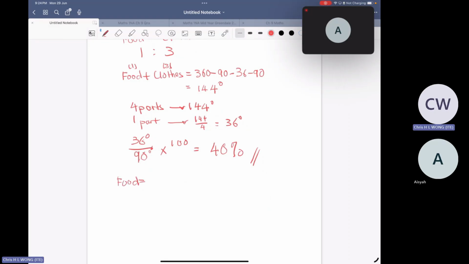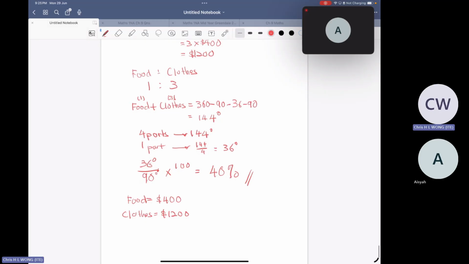She spent $400. How much is the clothes? 3 times, right? She spent 1,200. What else? Saving. Okay. So now you're going to find out what saving is. Saving is 90 degrees, right? You have to find out how much is 90 degrees.